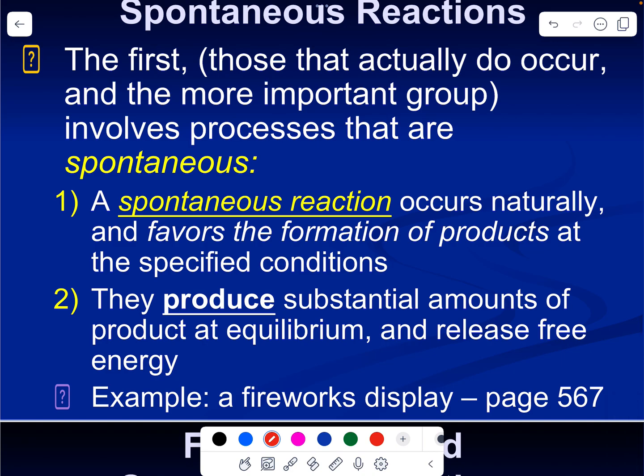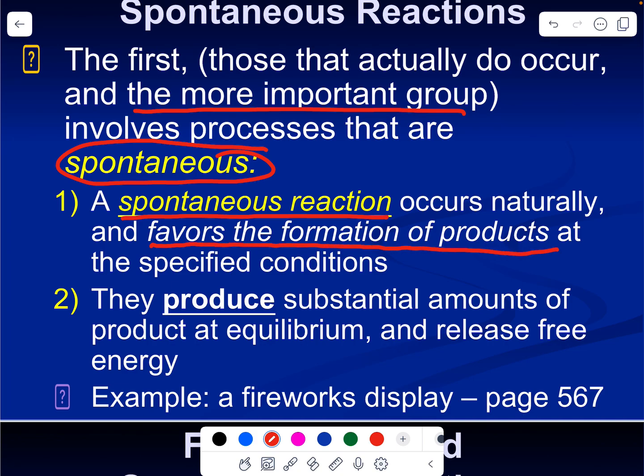Those that do occur, the more important group for us, are what we call spontaneous. A spontaneous reaction occurs naturally. A spontaneous reaction favors the formation of products. So it proceeds right. A spontaneous reaction proceeds forward. They produce substantial amounts of product at equilibrium, so they favor the products.